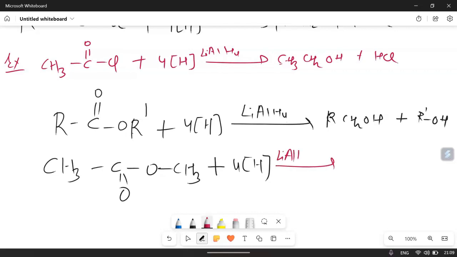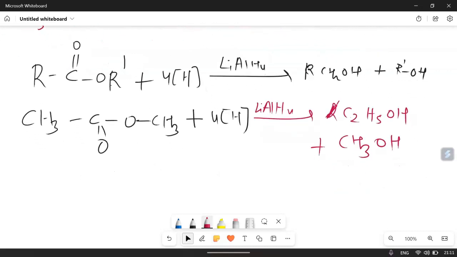In the presence of LiAlH4, it will give 2 moles of C2H5OH, and CH3OH. So this will be the final product.